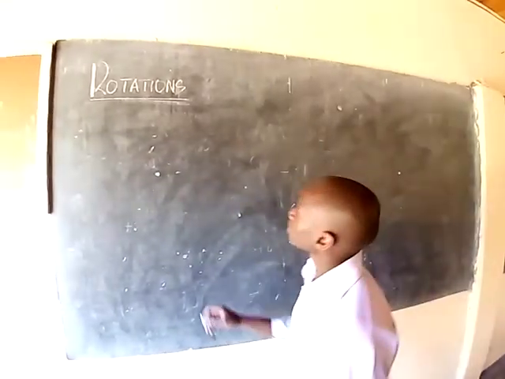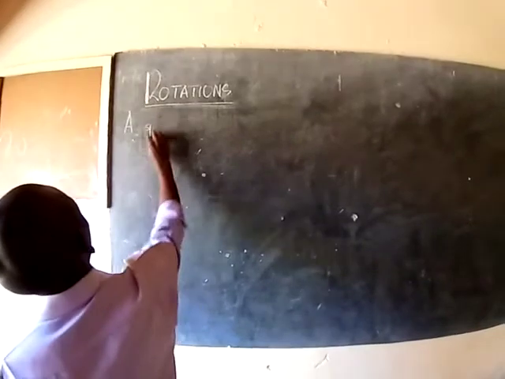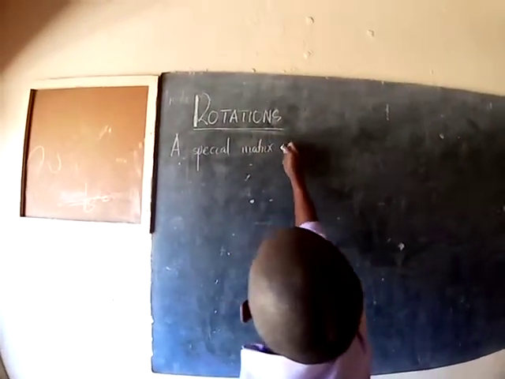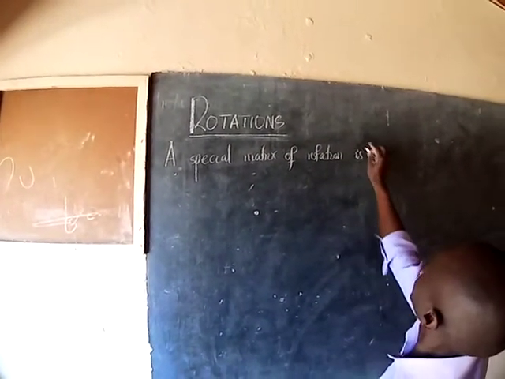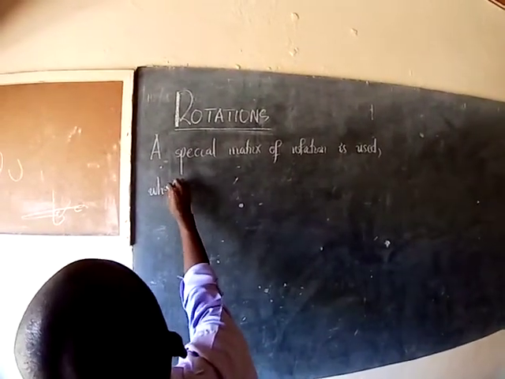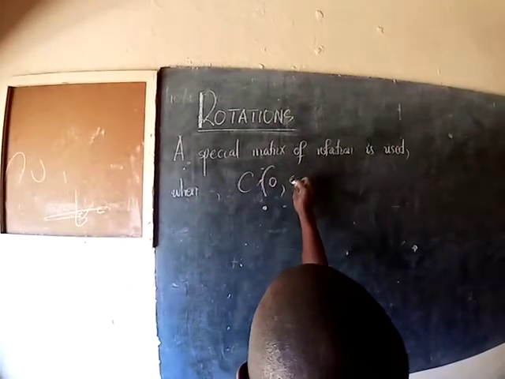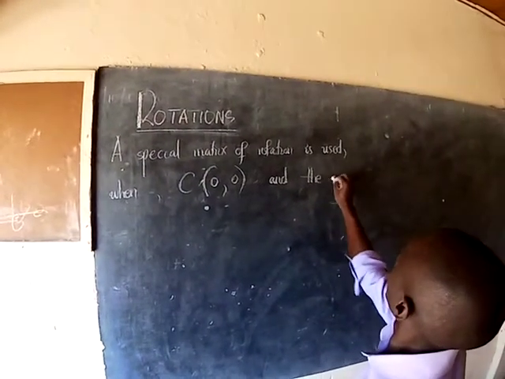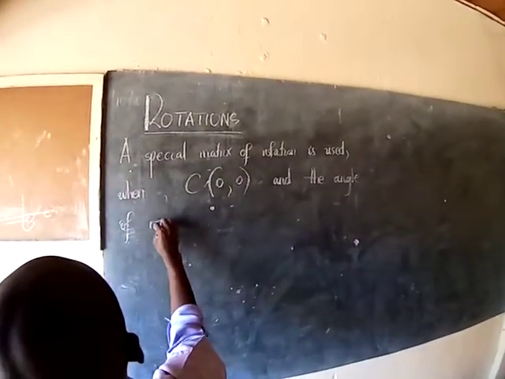Today in our lesson, we are going to brainstorm and conclude on rotations and reflections. I want to mention that a special matrix of rotation is used when we have a center of rotation as the origin and the angle of rotation.